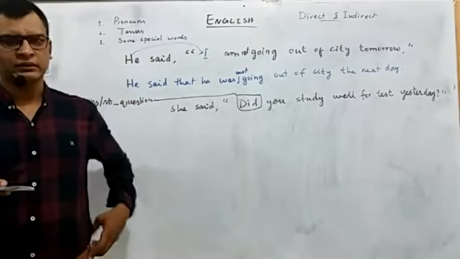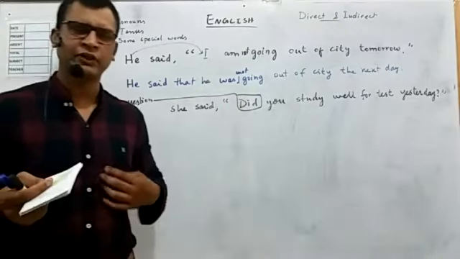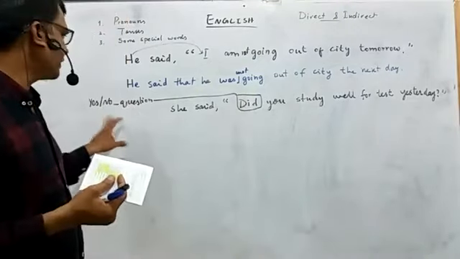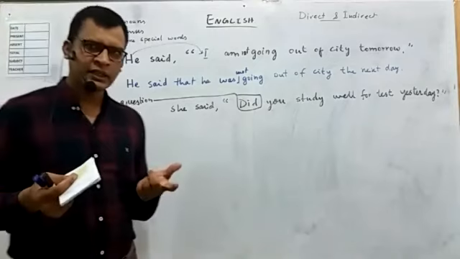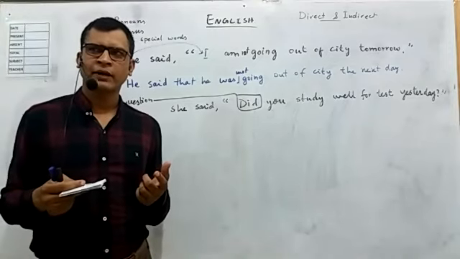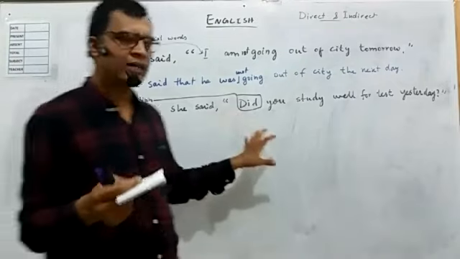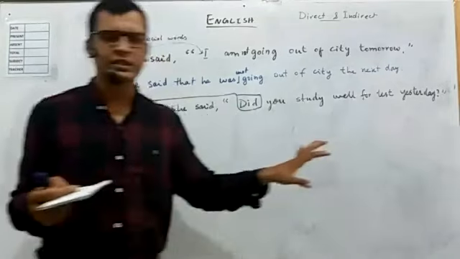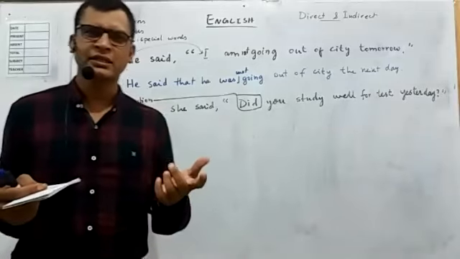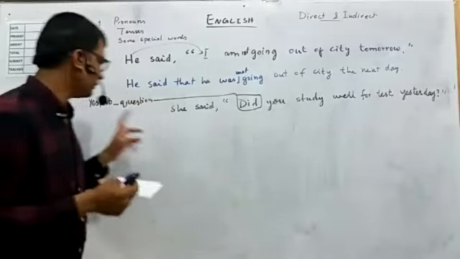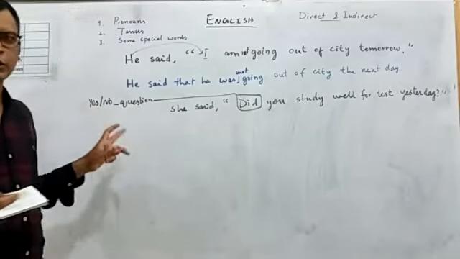If they are starting with any of the helping verbs, that would be a yes-no question. There is another reason. When I ask you, did you study well for your test yesterday? You will say, yes, I did. No, I didn't. So the answers are in yes or no.